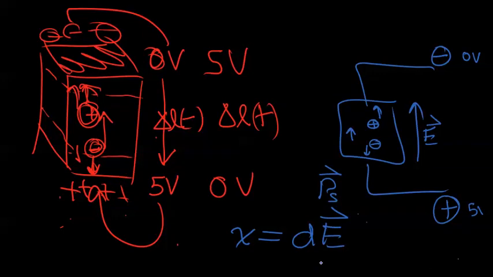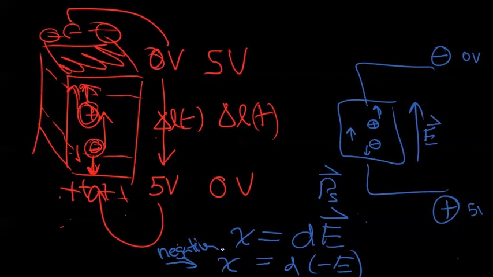If we apply an electric field that is opposite to the polarization direction, we will get a negative strain. So basically, by applying opposite stresses and opposite electric fields, we can either expand the material or contract the material. I'll review this very quickly in the next video.